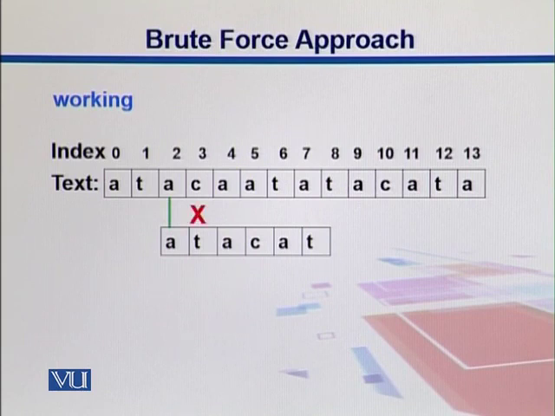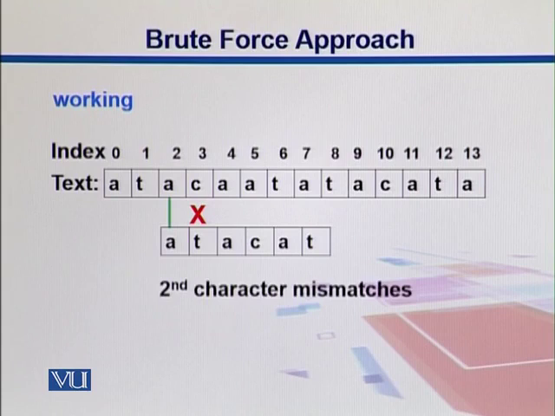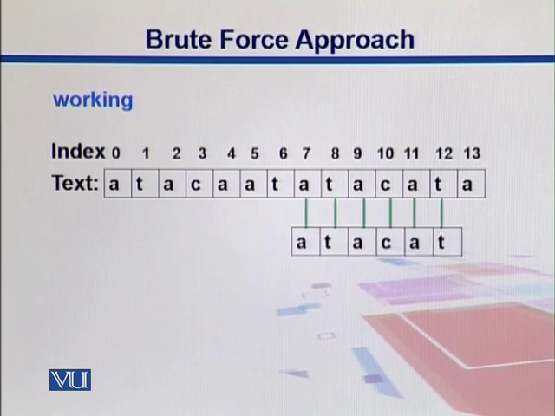Then we see that the 3rd character again mismatches: the 2nd in the pattern and the 4th in the text, so the 2nd character mismatches. We keep on doing that, moving the pattern one nucleotide ahead. In the end, we find the exact pattern matched at index 7, from position 7 onwards.